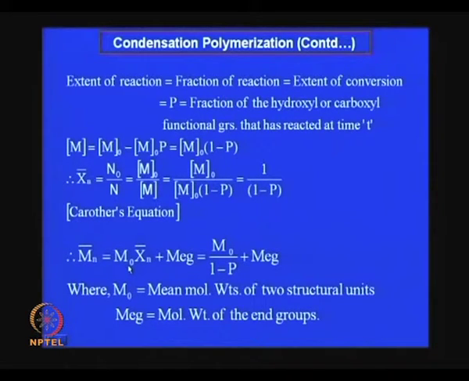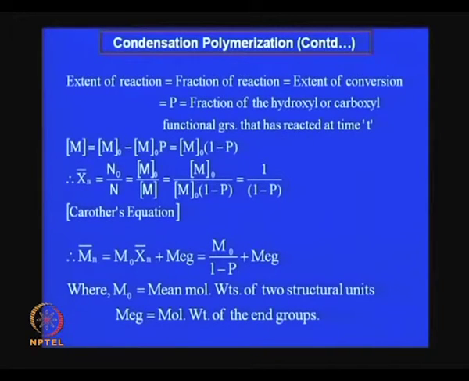Molecular weight of the structural unit enclosed within the bracket multiplied by this degree of polymerization, plus two end groups will be there, mass of the end groups, left side, right side, and Xn bar is equal to 1 by 1 minus P, this thing. It's very simple, but you have to do practice. Okay, I am going to the next slide.